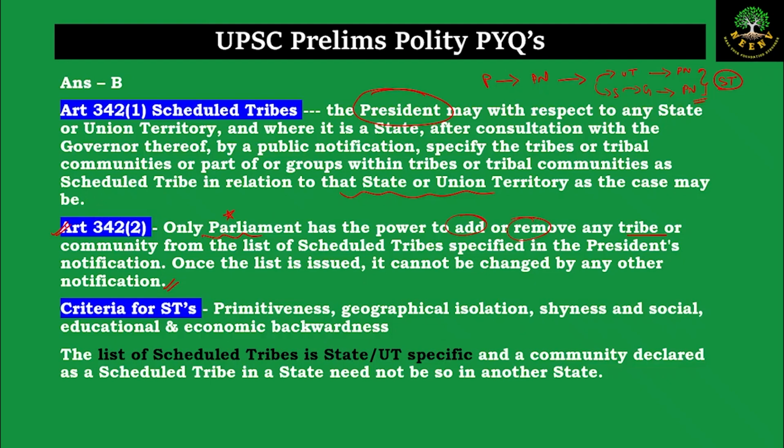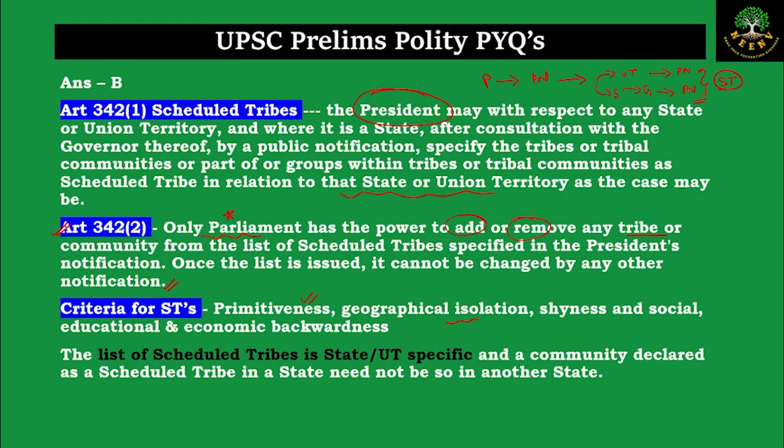The Indian government follows certain criteria when declaring a particular tribe as scheduled tribes, and it can be based on the primitiveness, the geographical location, the shyness, the social and educational criteria, the economic backwardness. All of these criteria will be considered, and then the list is made, and this list is specific to that particular state or union territory.